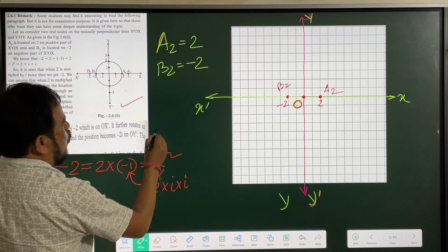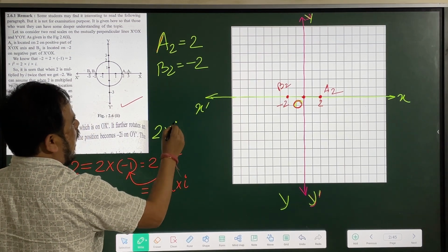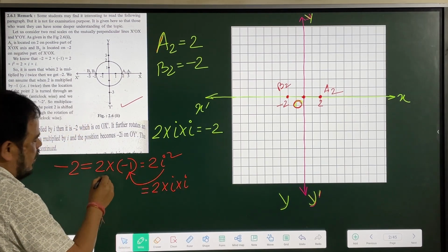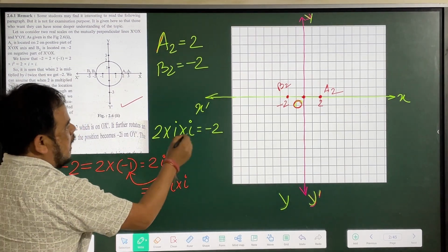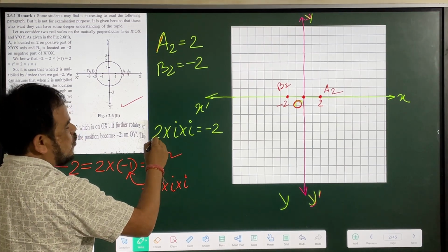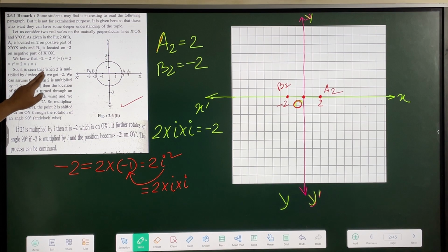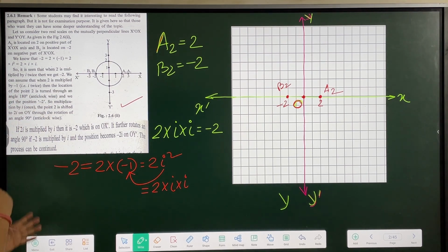That means if we multiply 2 by i two times, we get minus 2, as we have seen: 2 into i squared, which is minus 1, into 2 is minus 2. So that is what is written here. We can assume that when 2 is multiplied by minus 1, that is, by i twice, the location of 2 is turned through an angle of 180 degrees anti-clockwise.